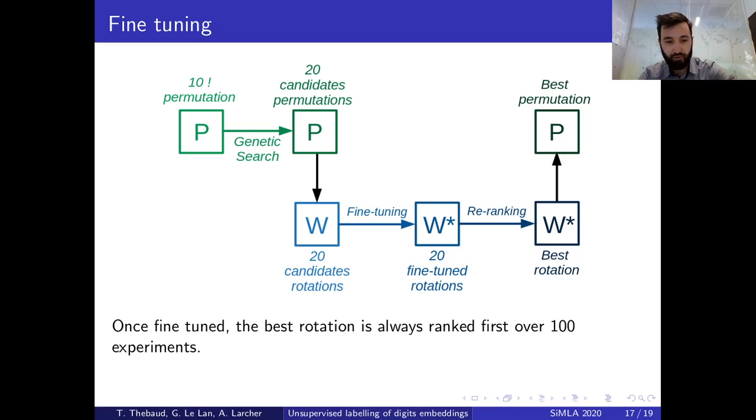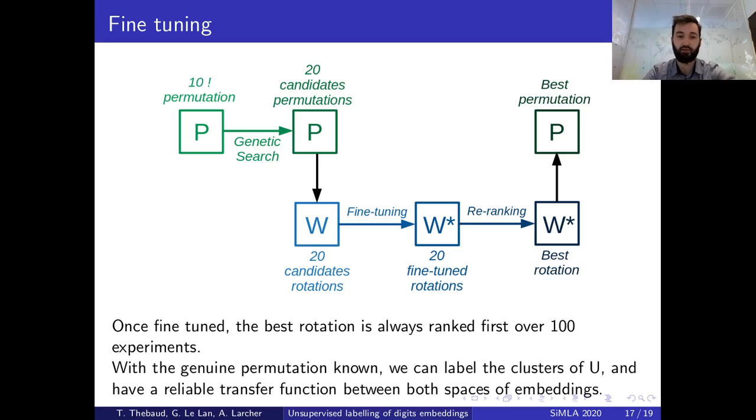So to resume, we have a method that can label every time correctly the clusters of U. And we have, with our fine-tuning method, a reliable transfer function between both space and embedding, but still in reduced dimension, because we had to reduce the dimension using PCA because we only had 10 clusters, so 10 dimensions maximum.